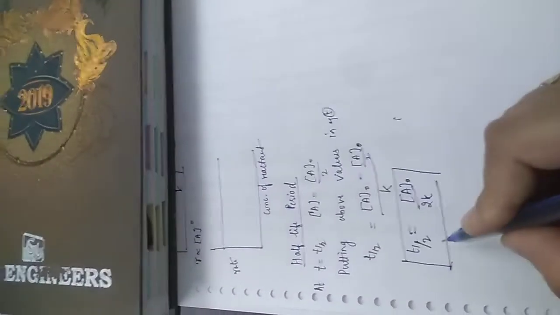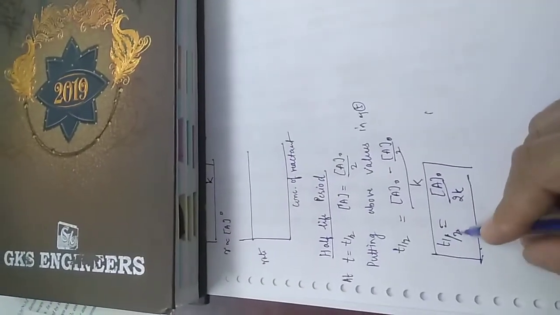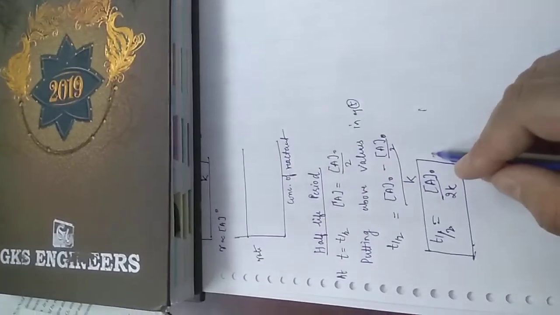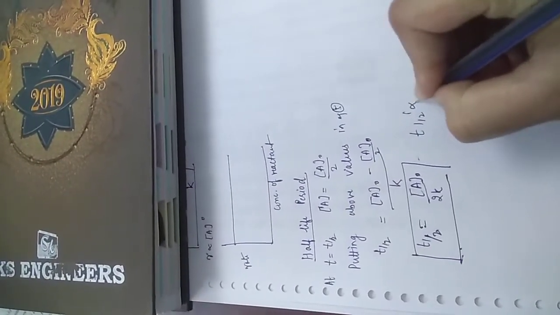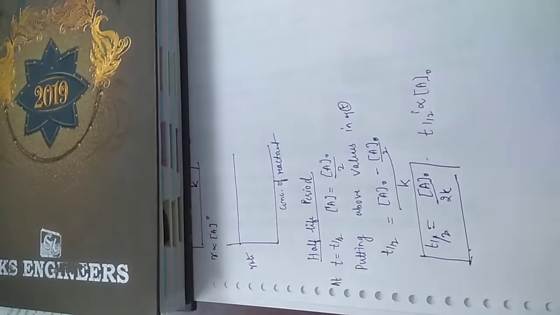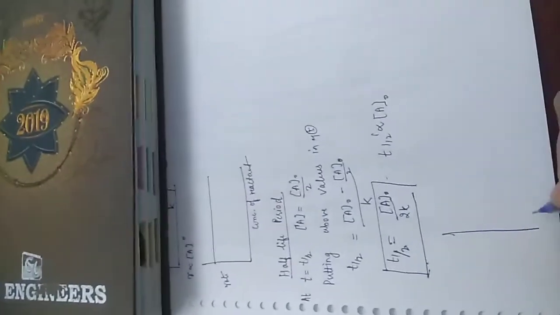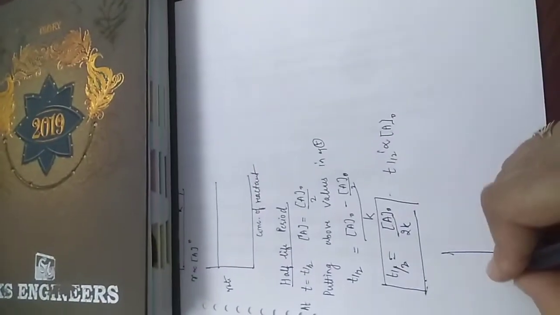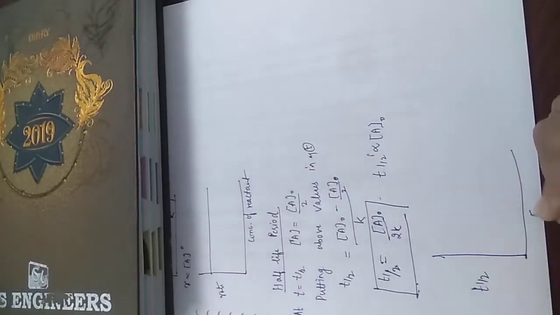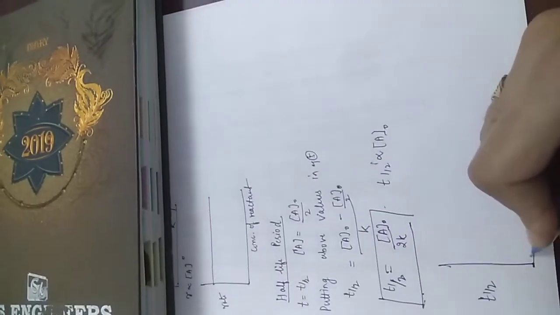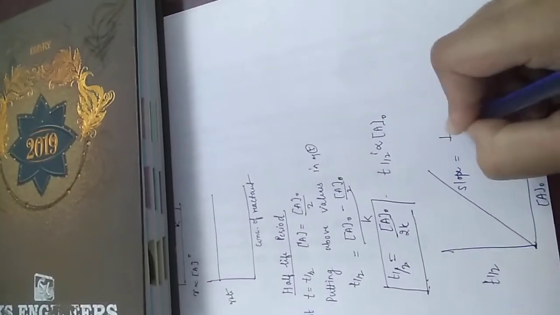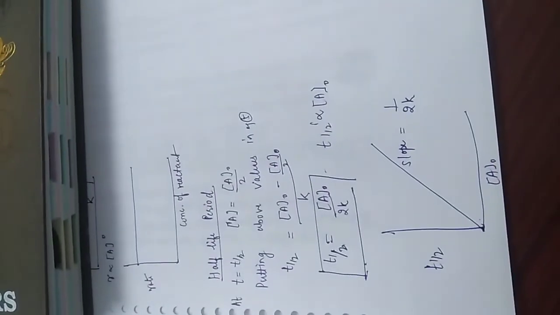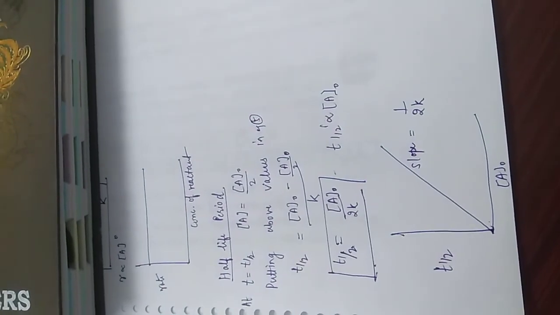So what we can say, the half-life time of a zero order reaction is directly proportional to our initial concentration of the reactant. And if we have to show this by a graph between t half and our concentration of reactant, we'll get a graph like this with the slope equal to 1 by 2k. So this is our half-life period of zero order reaction.